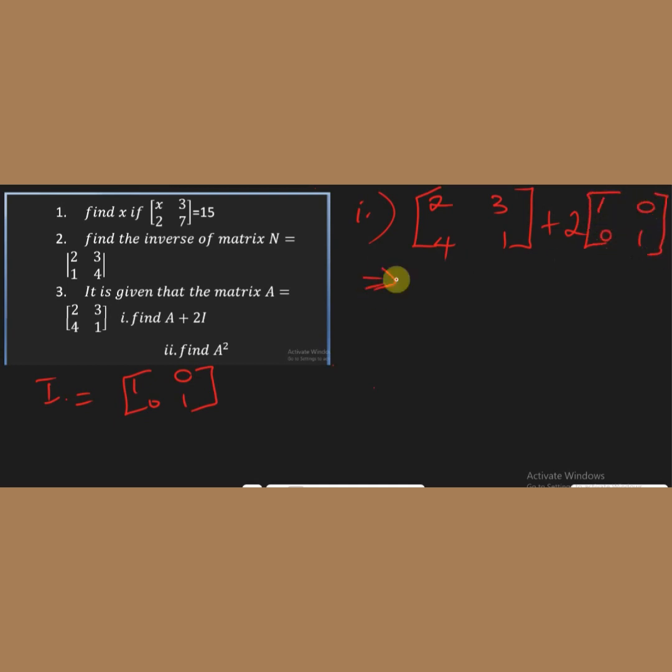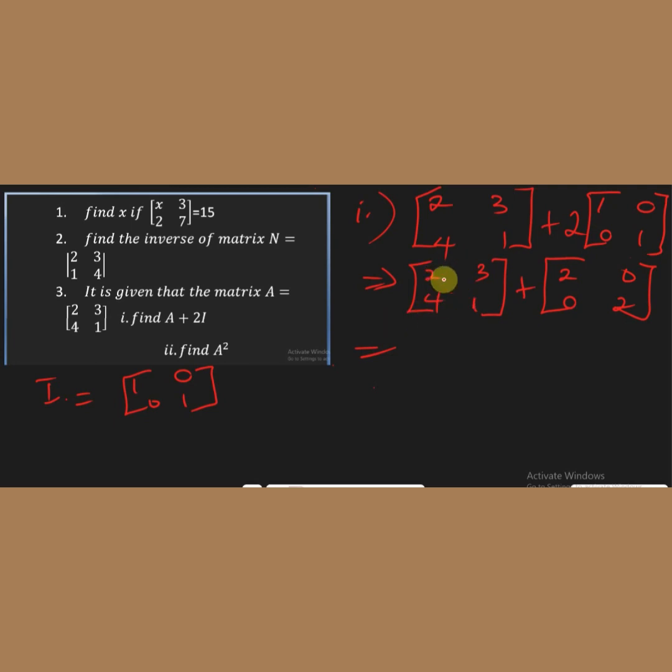I'll repeat this 2 4 3 1, plus 2 times 1 is 2, 2 times 0 is 0, 2 times 0 here is 0, 2 times 1 here is 2. So just use the 2 to multiply all the numbers in this matrix. Then I'll add this to this, this to this, this to this, this to this. Adding 2 by 2 matrices is very simple.